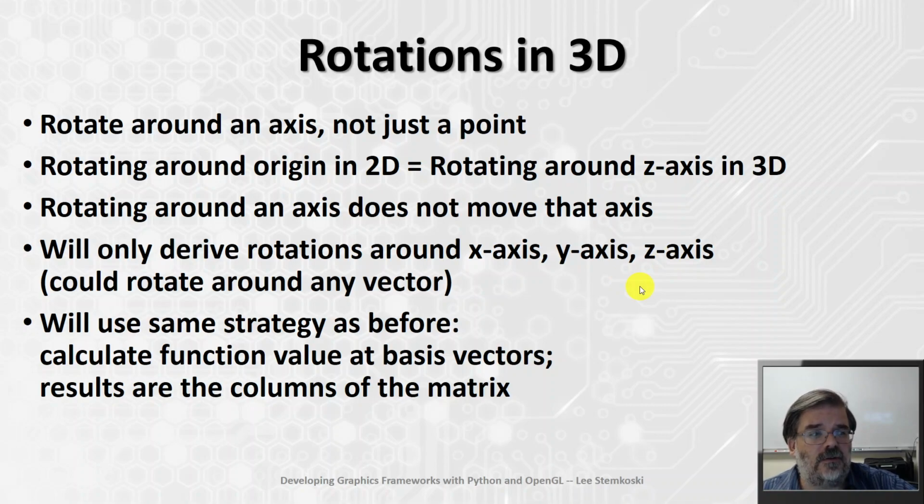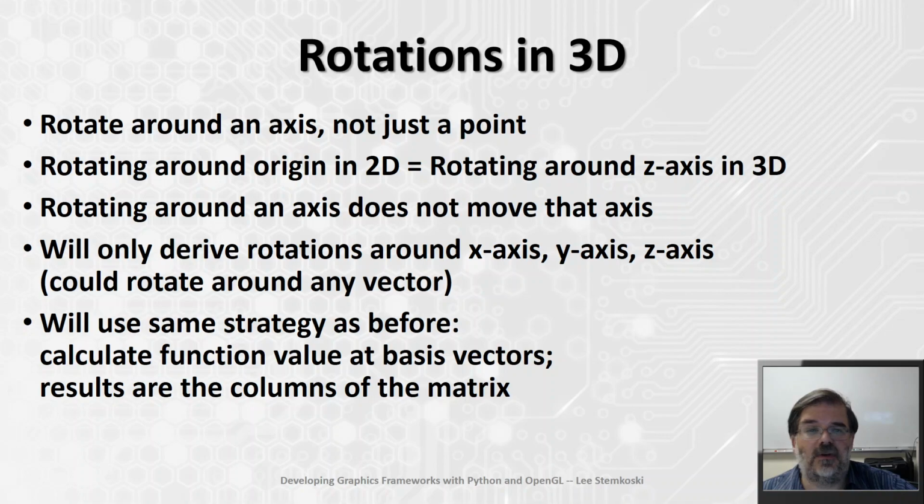Our strategy is going to be the same as before. We know that rotation is a linear transformation, so we're going to figure out what happens to the 3 standard basis vectors, i, j, and k, in each of these cases. Once we figure out what happens to those vectors, then we'll know what the columns of the matrix are. Again, our goal is to get 3 rotation matrices corresponding to rotation around each of these axes.